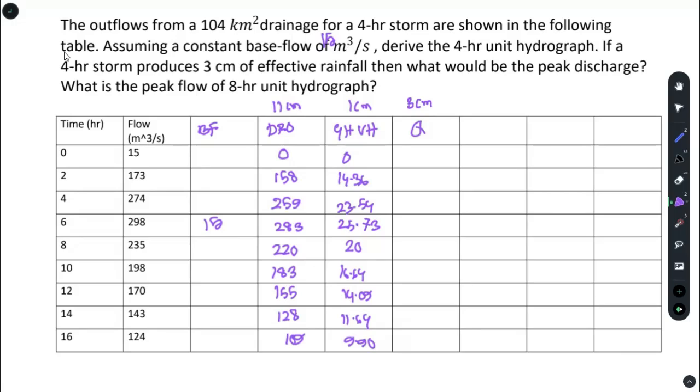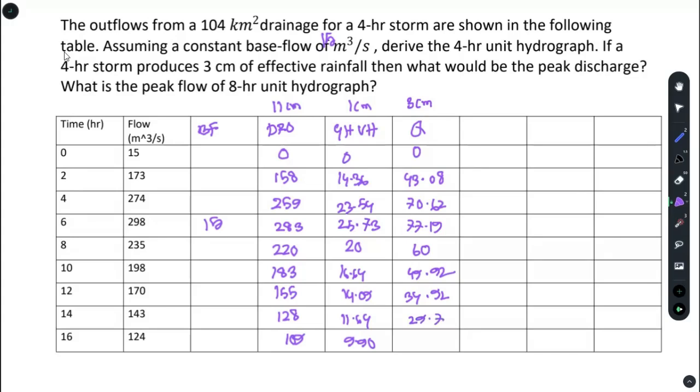So I'll get 0, then 43.08, 70.62, 77.19, and I just multiply this column by 3, that would be 49.92, then 34.92.